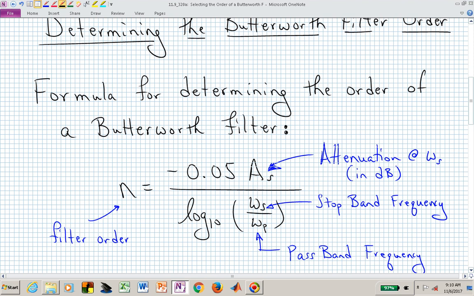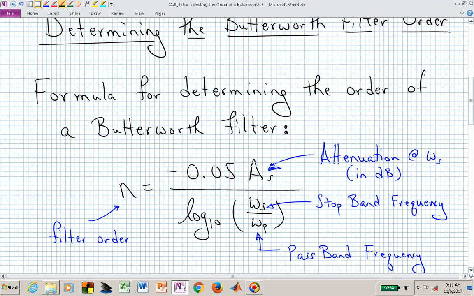A sub s is the amount of attenuation that we need at our stop band frequency. Somewhere in the stop band, we will say we want to be at minus 25 dB by omega sub s equal to some particular value. Omega sub p is our pass band frequency. That's the minus 3 dB frequency. And n will be the filter order.